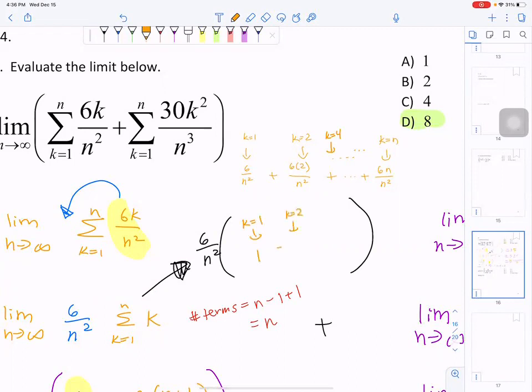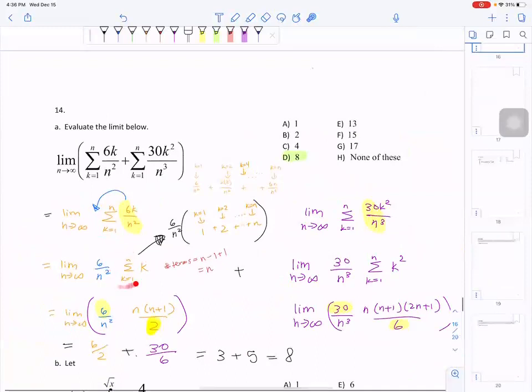When k equals 2, it's 2, etc. When k equals n, it equals n. And then if you factor these out, you get exactly this simplified. Like you get 6 over n squared times 1, which is exactly that term. Then plus 6 times 2 over n squared. That's exactly the second term. So it's just a different way of writing it so that we can better simplify what this actually means.